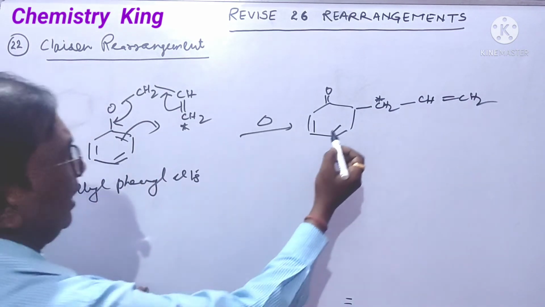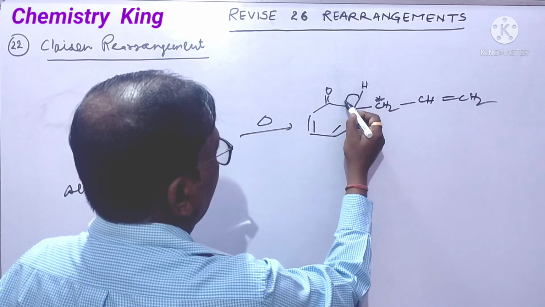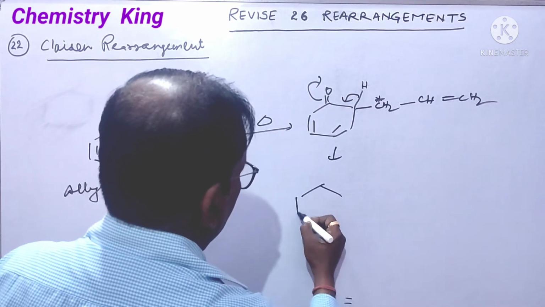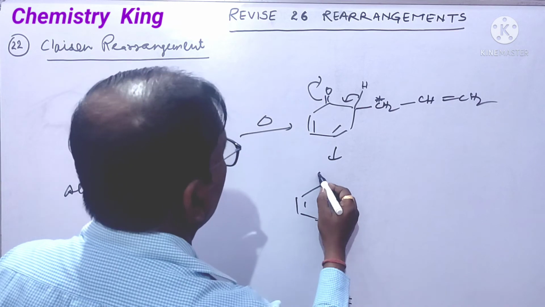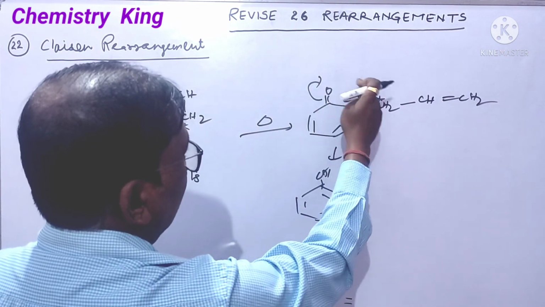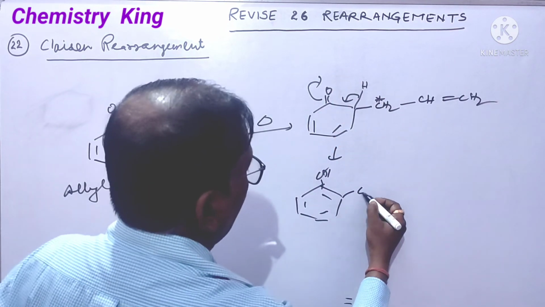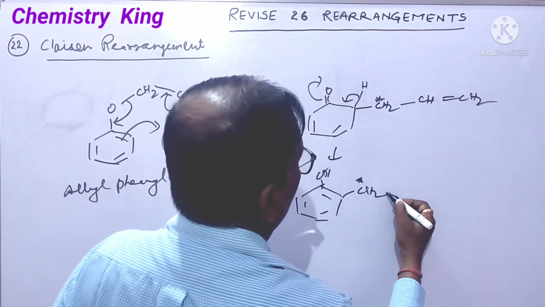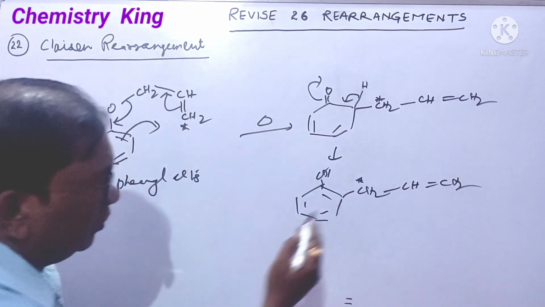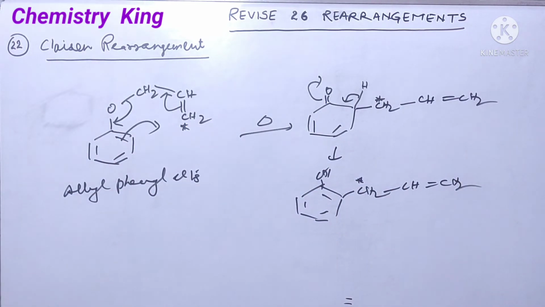And hydrogen is here. It will come here and you will get this. This H plus will come here because it acquires negative charge, and CH2 double bond CH2. It is ortho-allyl phenol.